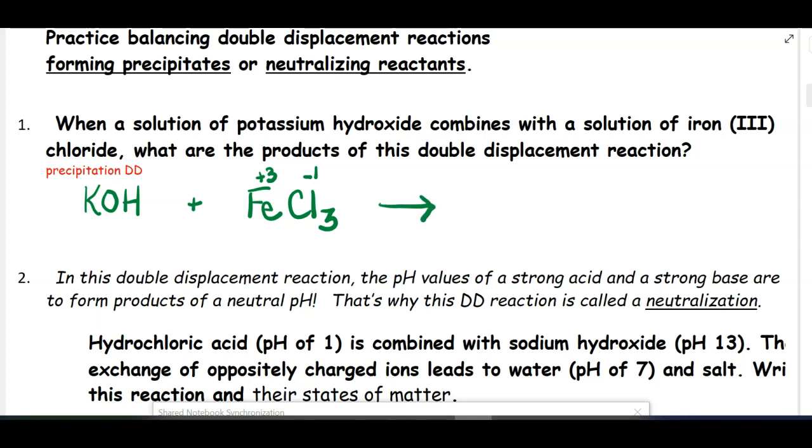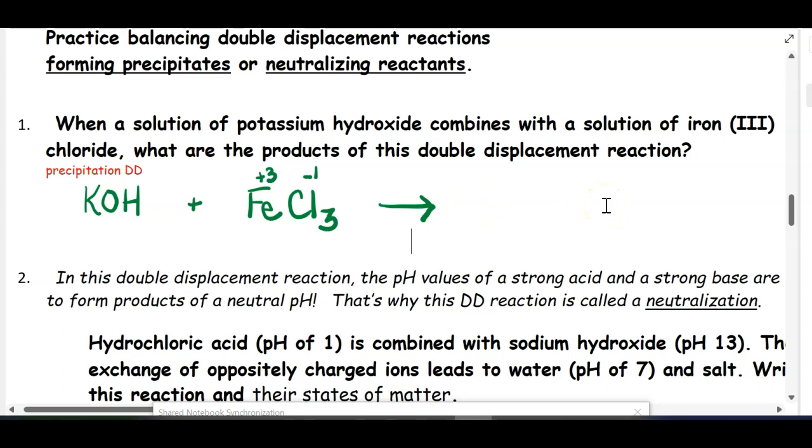What are the products of this double displacement reaction? Well, we're just exchanging dancing partners, correct? So everybody needs to be looking at my screen off and on, unless you're taking the test.